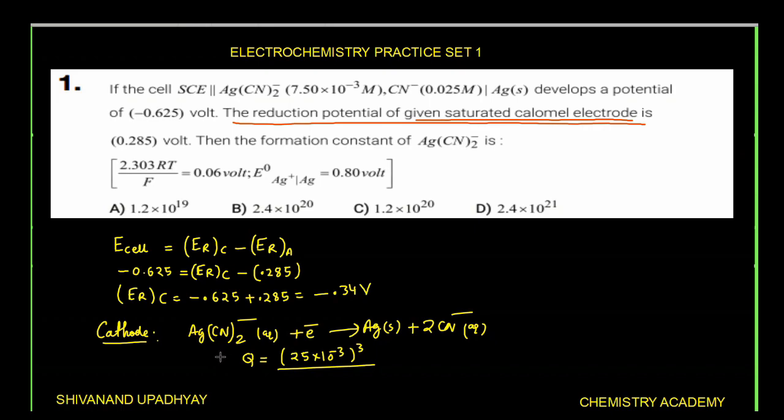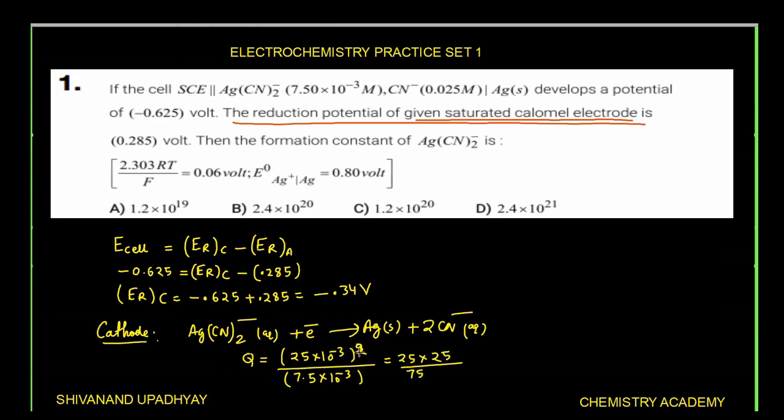The concentration of the complex ion in the system is given, that is 7.5 × 10^-3. From here, if I simplify, this value is equal to 25 squared into 25 divided by 75.